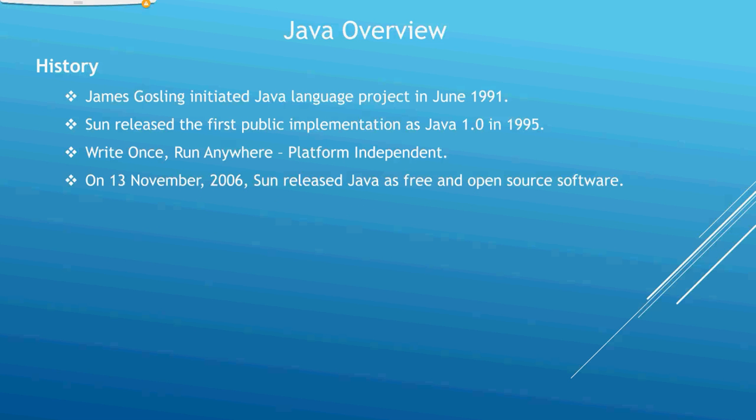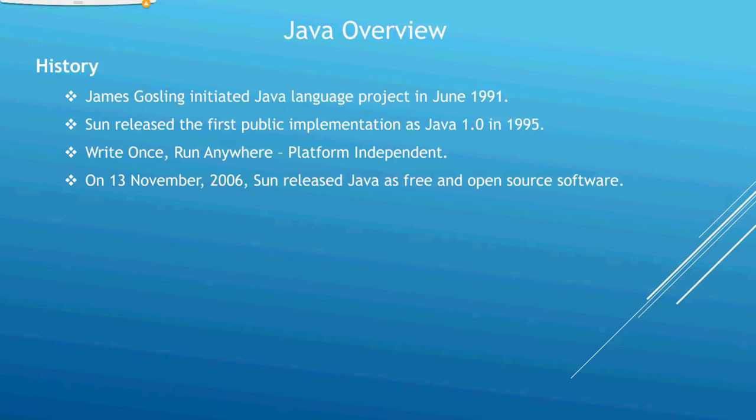In 2006, Sun Microsystems released Java as free and open source software. What is meant by open source software? That means you can read all the Java API online. You go anywhere and you get the Java API, and in each class you can see how they have implemented it, and check their algorithm logic.